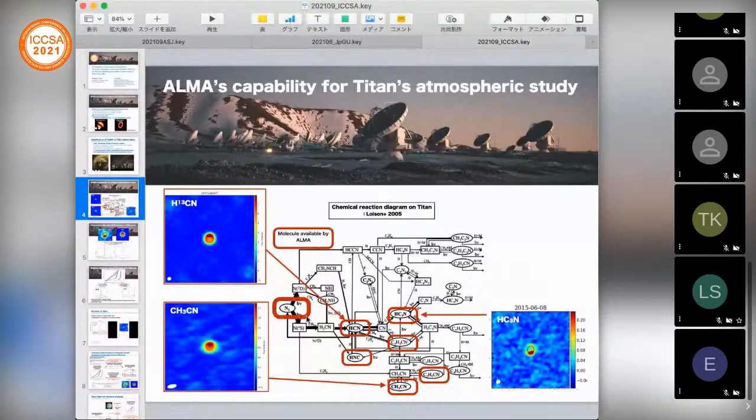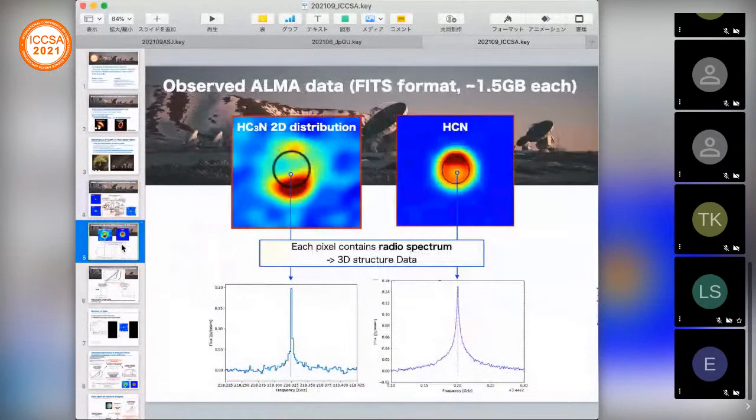Molecules with red circles can be observed by ALMA, like nitrogen, HCN, HNC, and many kinds of molecules can be observed, and their spatial distribution can be obtained like this. The molecules are present only in the North Pole or South Pole, and their distribution is very important to constrain their chemistry.